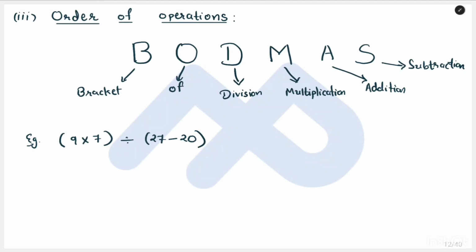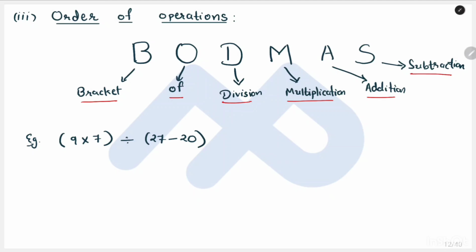Let's see. The full form of BODMAS is B for bracket, O is off, then D is division, then M is multiplication, A is addition, and S is subtraction. It gives you the priority while simplifying any expression. Whenever you can find a bracket, solve that bracket first, and then you go to off. Off is basically a multiplication kind of thing, which we use in percentages, when we find 30% off something, 80% off something.